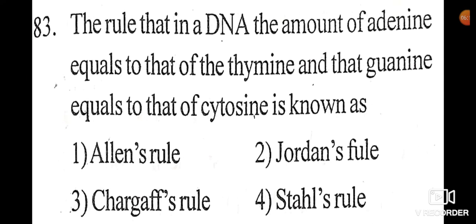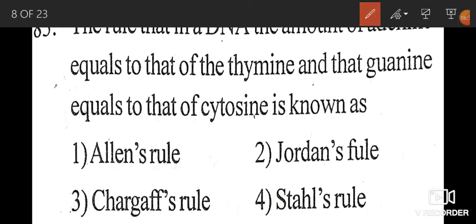Question number 83. The rule that in a DNA the amount of adenine equals that of thymine and that guanine equals that of cytosine is known as... Adenine equals thymine, guanine equals cytosine.